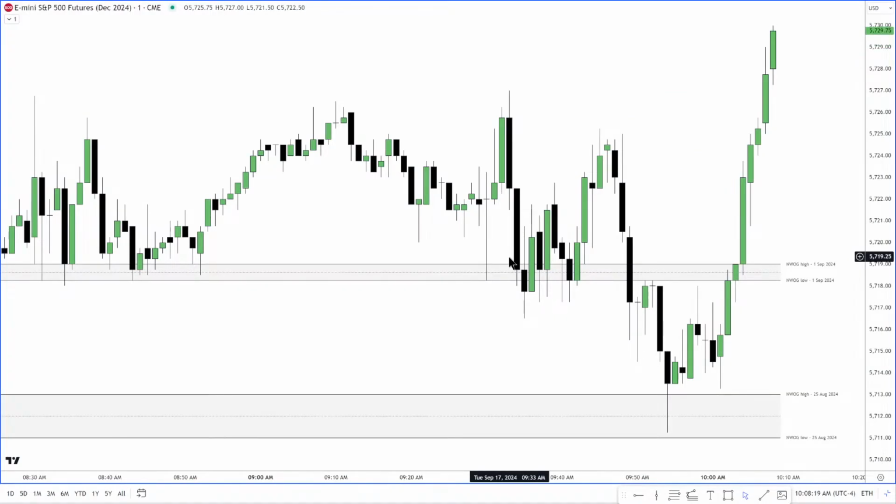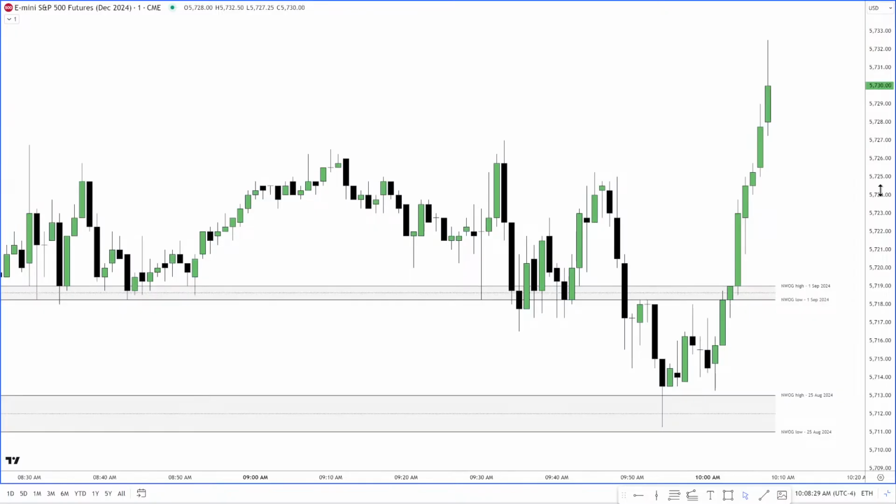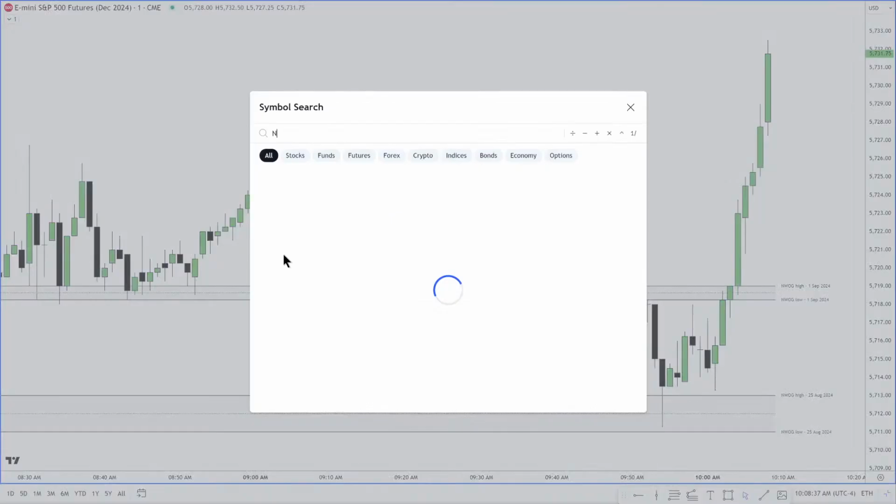Do you see the SMT divergence? Don't worry about price. I got another entry. Don't worry, I'm purposely letting things move around. These highs here, this high went higher than that one, didn't it? Now look at it here with the NASDAQ.